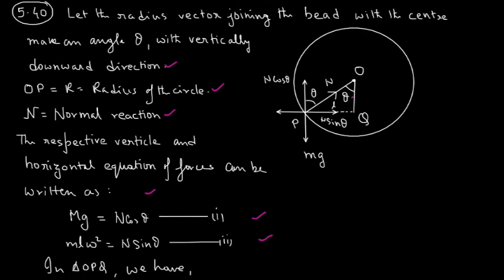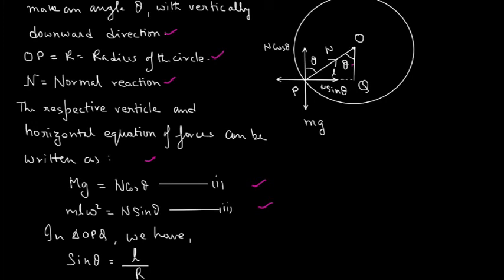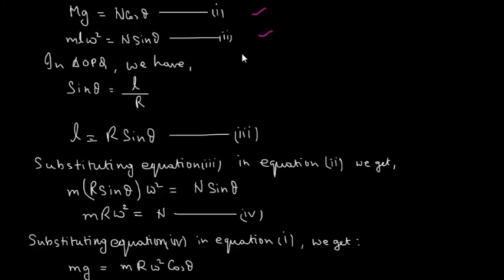Now in triangle OPQ we have sin θ = l/R, so l = R sin θ, that is equation number 3. Substituting equation 3 in equation 2, we get m R sin θ ω² = N sin θ, so m R ω² = N, that is equation number 4.